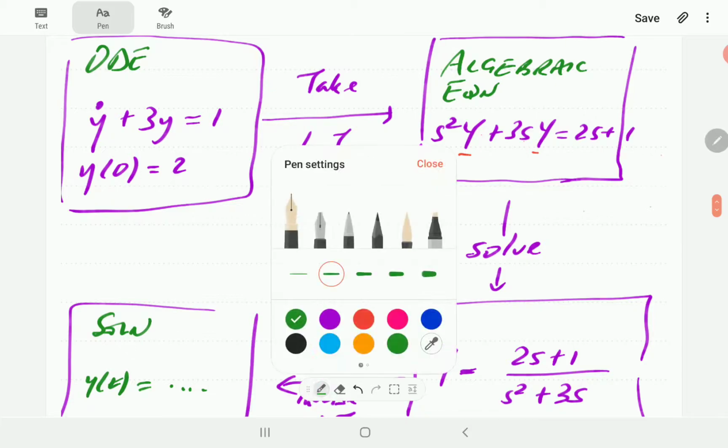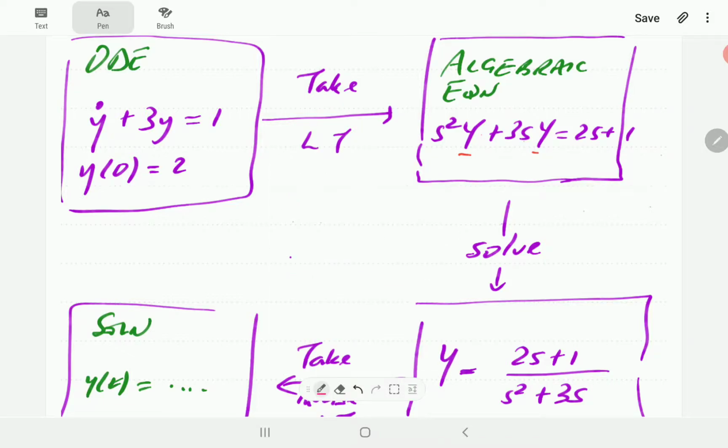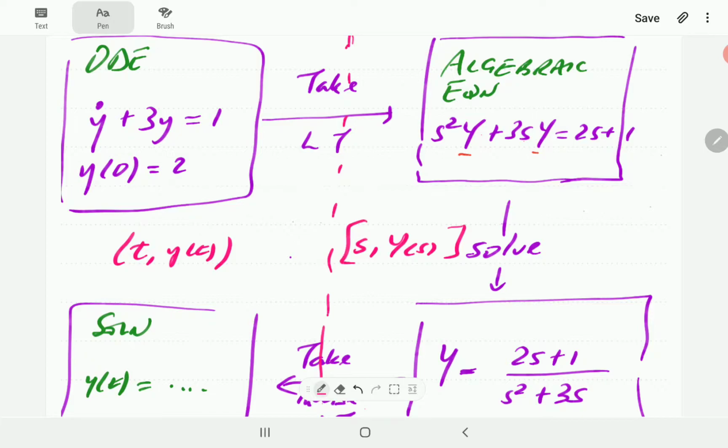All right, that is the schematic of what is going to happen. To superimpose what's going on here, on the left hand side of this dotted line we are in the t, y of t space. On the right hand side of the dotted line, we're in the transformed space.